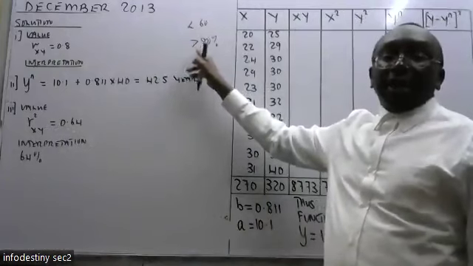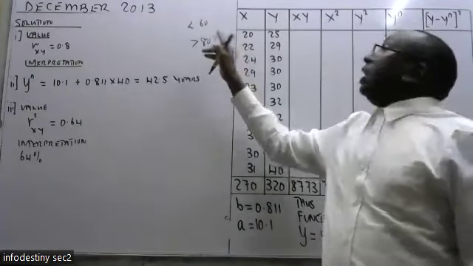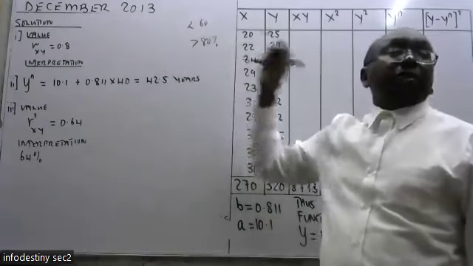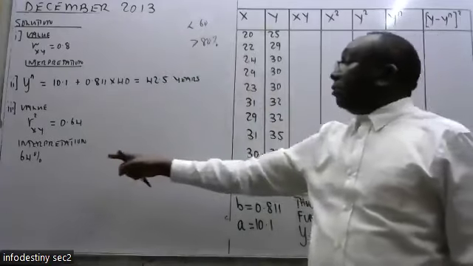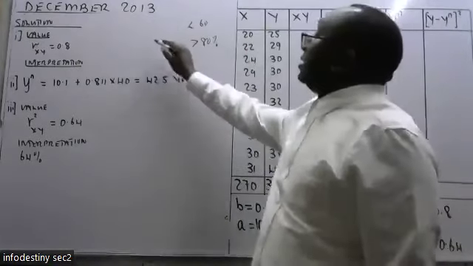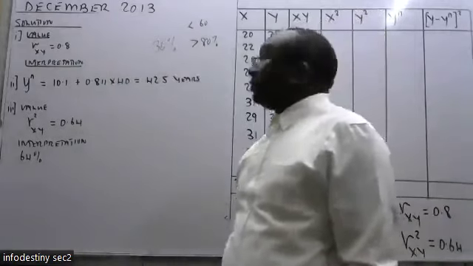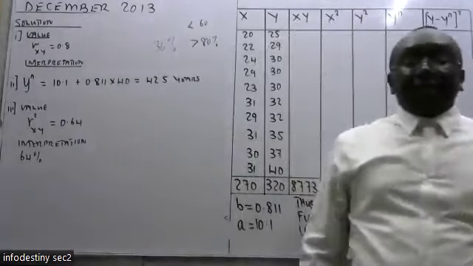Around 64, there is a whole 36 that is not explained by the age of the wife. So what could be the factors that could explain that?